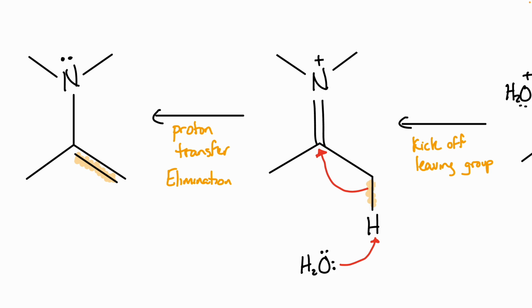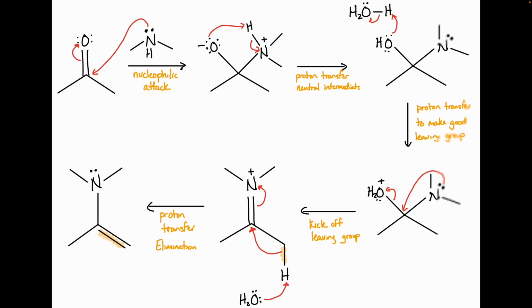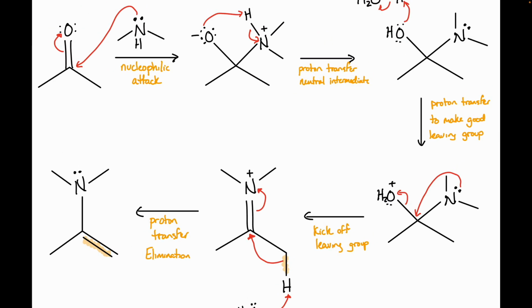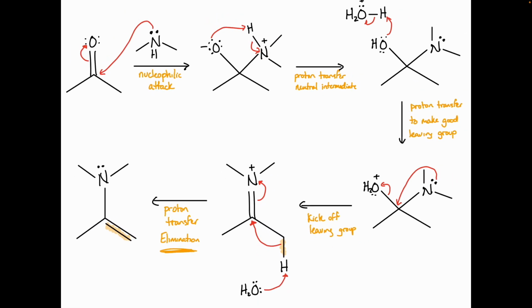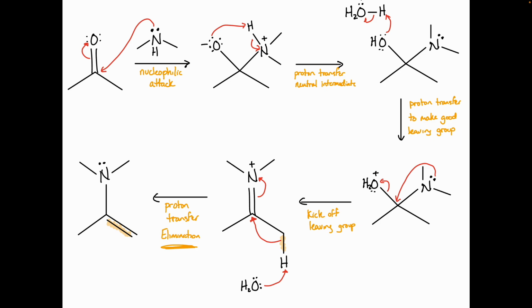That would be ridiculous. So what happens to that existing carbon-nitrogen pi bond? It's going to jump up onto that nitrogen atom. All right, so for our secondary amine, our steps in our mechanism are the exact same, with the exception of that last proton transfer step, which is this elimination type step to form that carbon double bond.